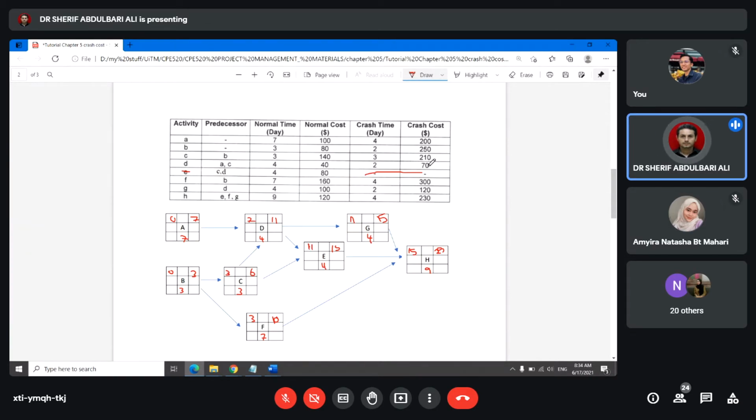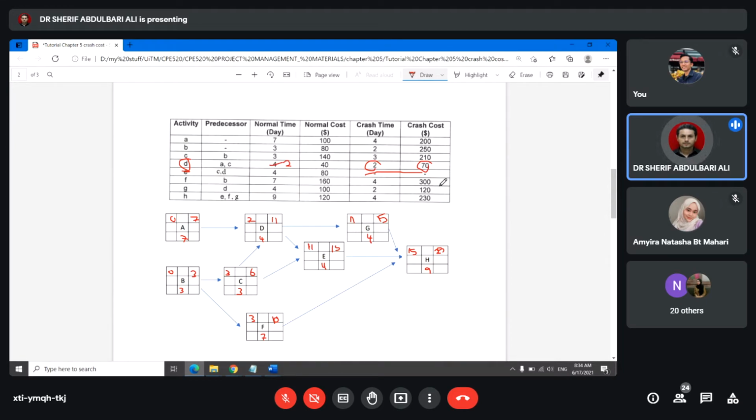So the minimum cost is for activity D, it's 70. So activity D can be crashed to 2 days. So I can crash it 2 days.